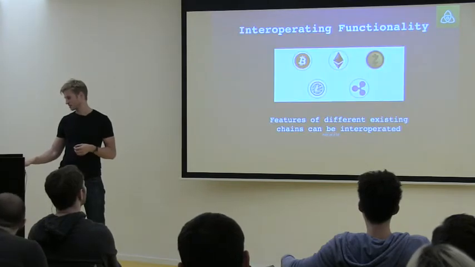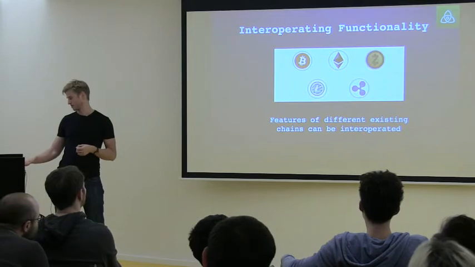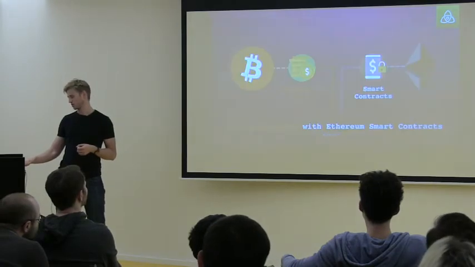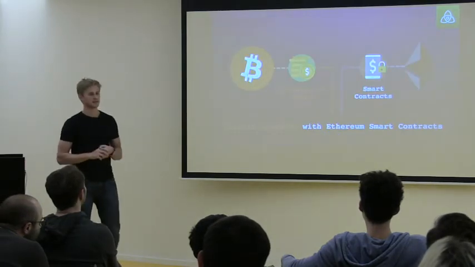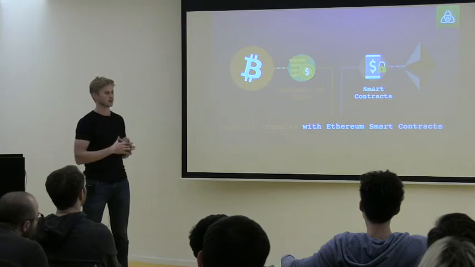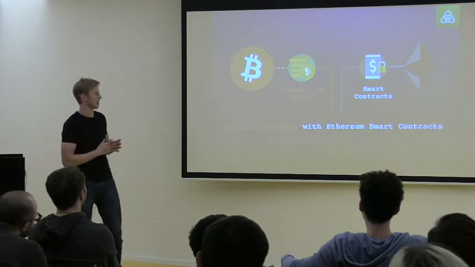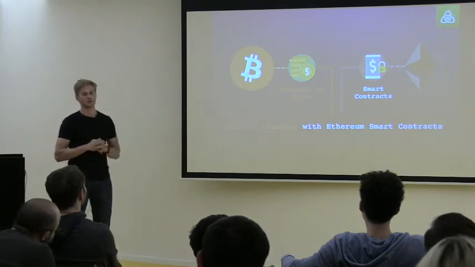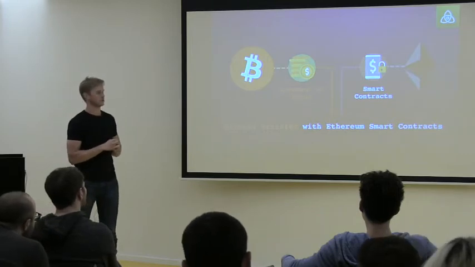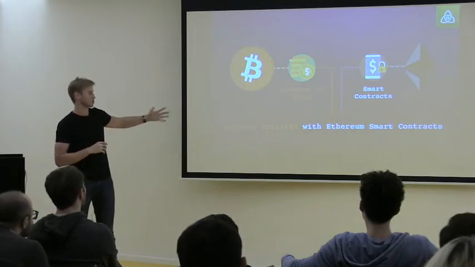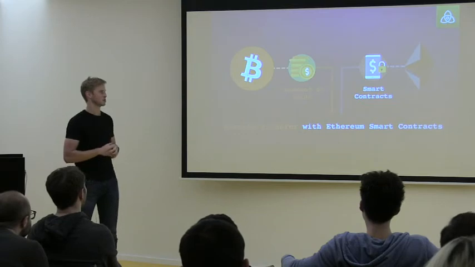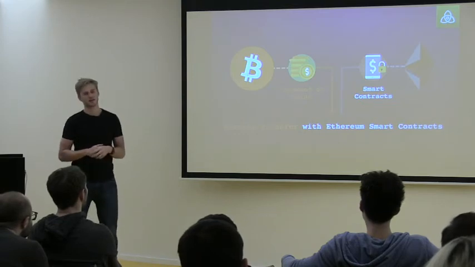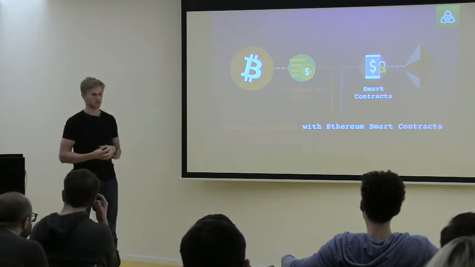So that is basically it. The basic Cosmos vision is that we can have a whole ecosystem of interacting blockchains that are highly efficient, where tokens are able to move between chains, so that hopefully in the future you can do something like use Bitcoins to pay for smart contract execution elsewhere.